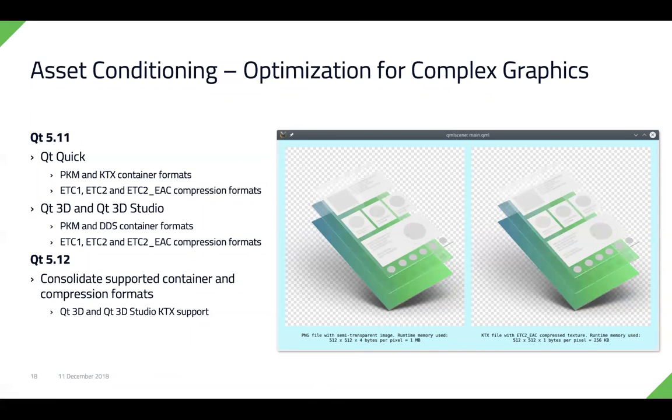This significantly reduces memory consumption and speeds up application startup. We have support now for the most common container formats, PKM and KTX, as well as ETC1, ETC2, and EAC compressed textures.